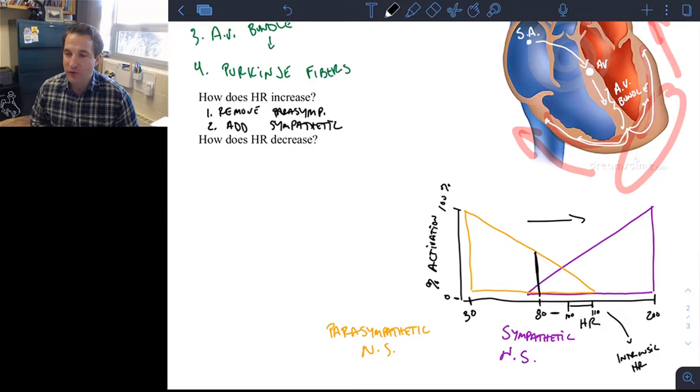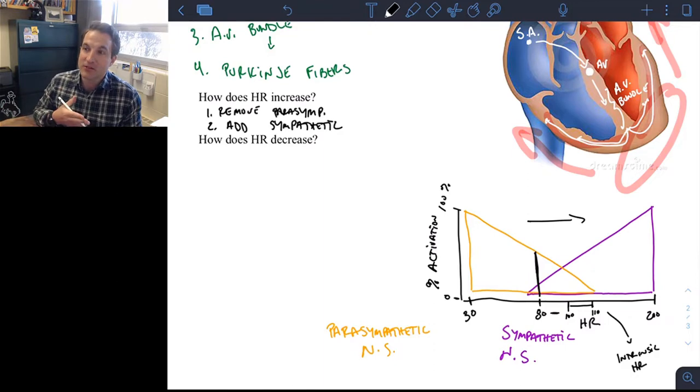So when you're getting ready to run a race and you're standing at the start line, as you feel your heart rate start to go up, that is not necessarily because your sympathetic activation has taken over. It's mostly because that parasympathetic has gone away at first. And then as you start running, that sympathetic is going to kick in and keep that heart rate real high.